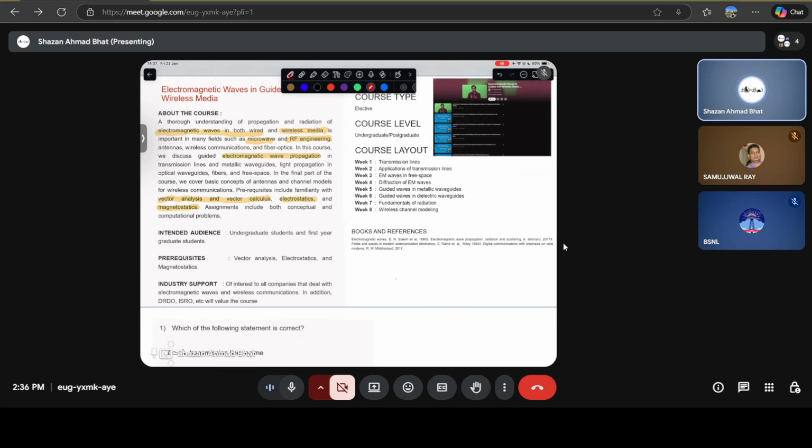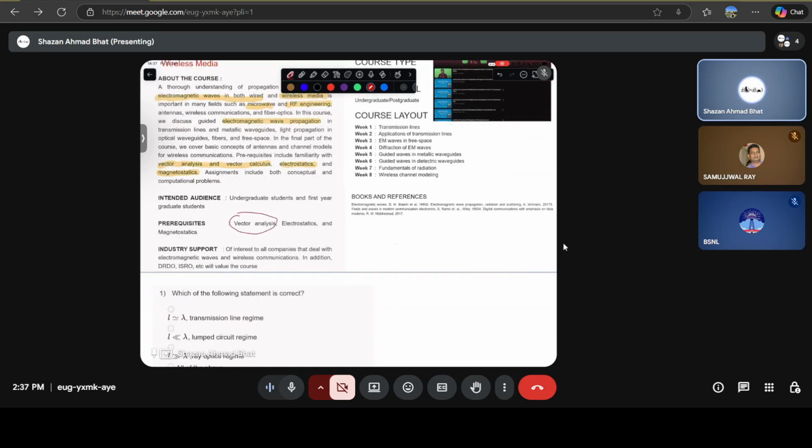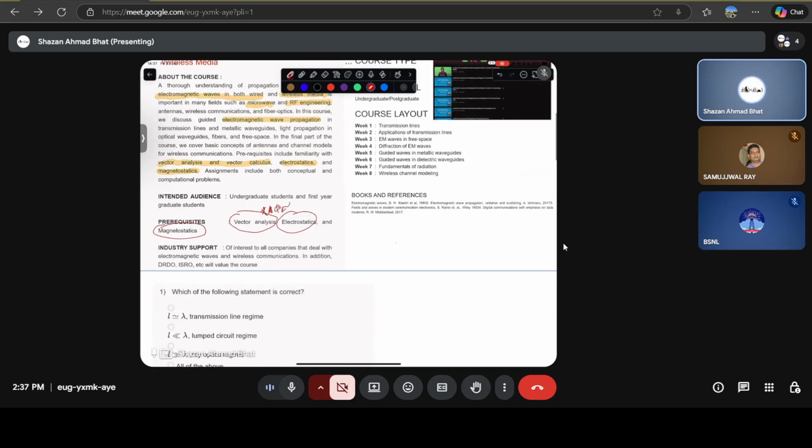That is required in this course. That's why vector analysis is at the top, followed by electrostatics and magnetostatics, because these govern the dynamics of the electric and magnetic field in the electromagnetic wave. As such, you should know what a gradient is, what a divergence is, and what the curl is.